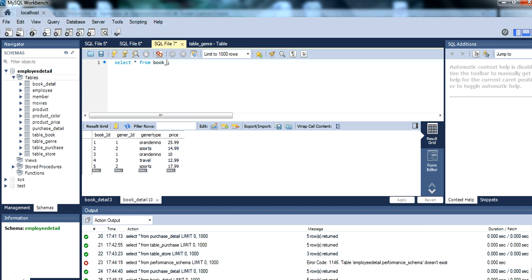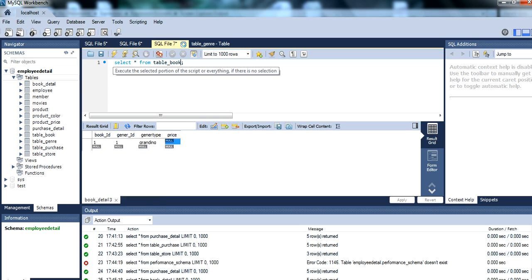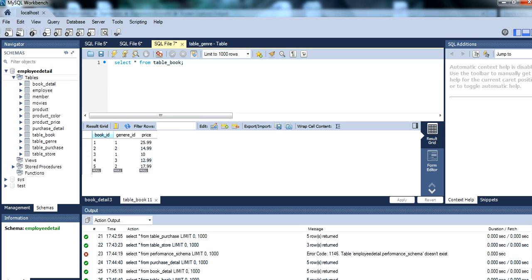We have already made two tables. The first one is table book, with book id as the primary key.